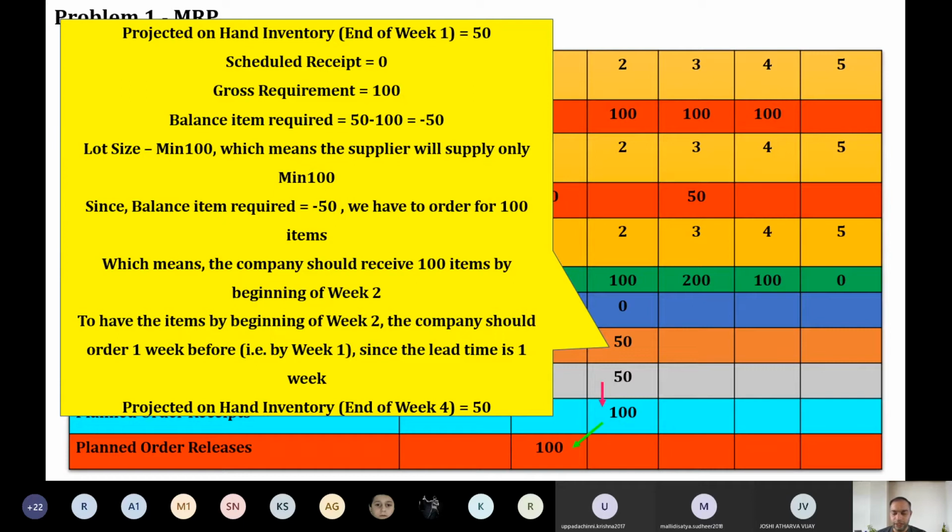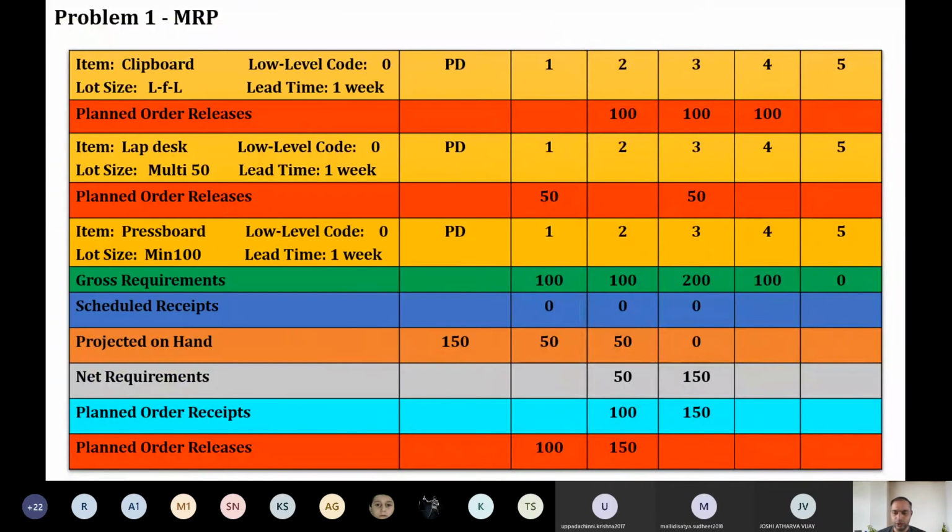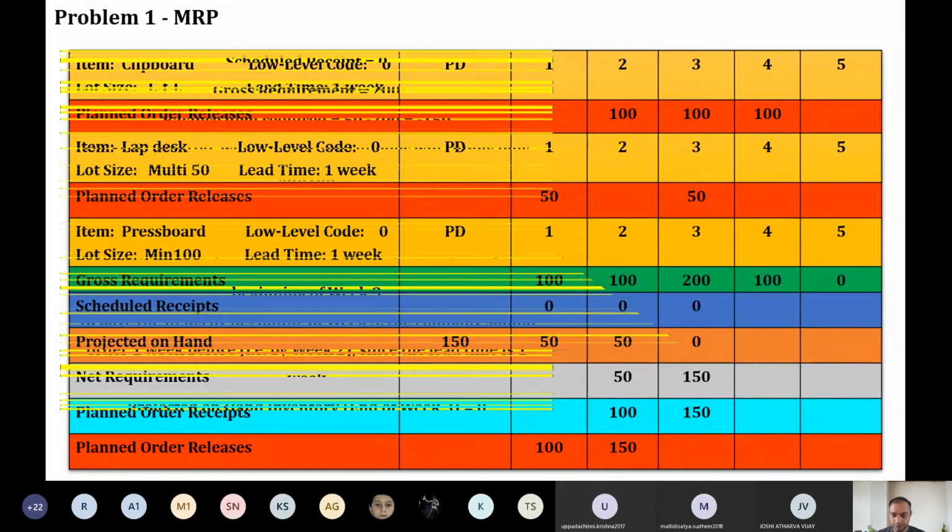So what will be the net requirement? 200 items are required, so the requirement is 150. I can order 150 because the supplier will supply 150 items. That's not a problem. Since the lead time is 1 week, we are going to release the order 1 week before.